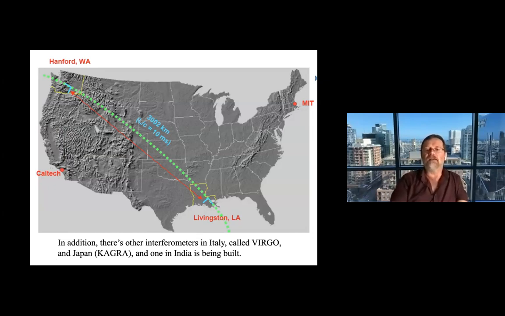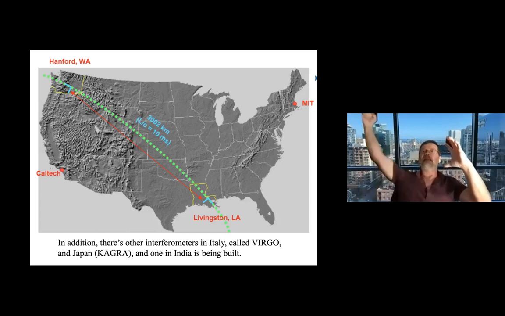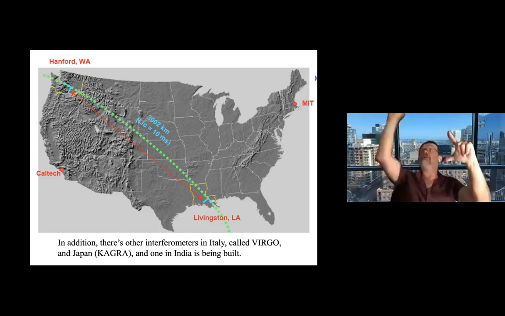When you think about the Earth as a globe, and a wave comes out of some direction, you actually need 3 of these instruments to get a perfect location of the point in the sky.